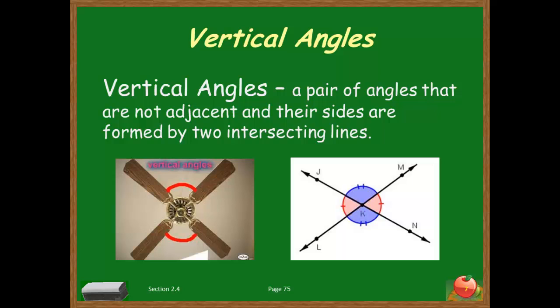Vertical angles. A pair of angles that are not adjacent and their sides are formed by two intersecting lines.